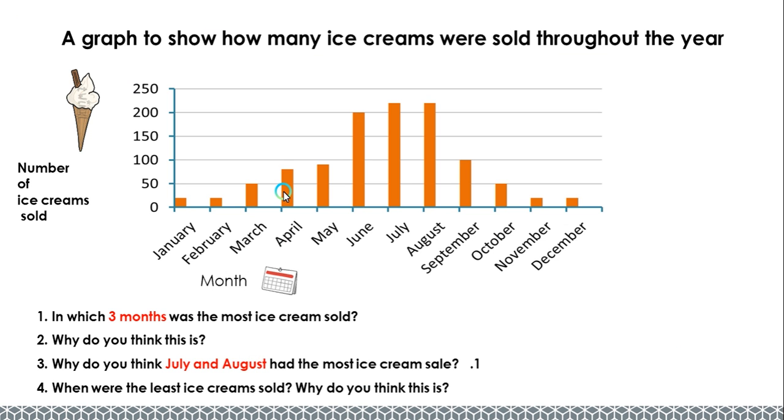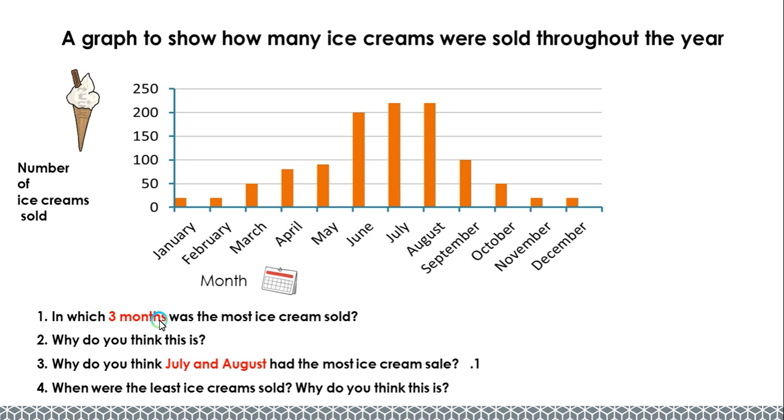Now here is an example, a graph to show how many ice creams were sold throughout the year. This is the month, January to December, and this is the number of ice creams that were sold.